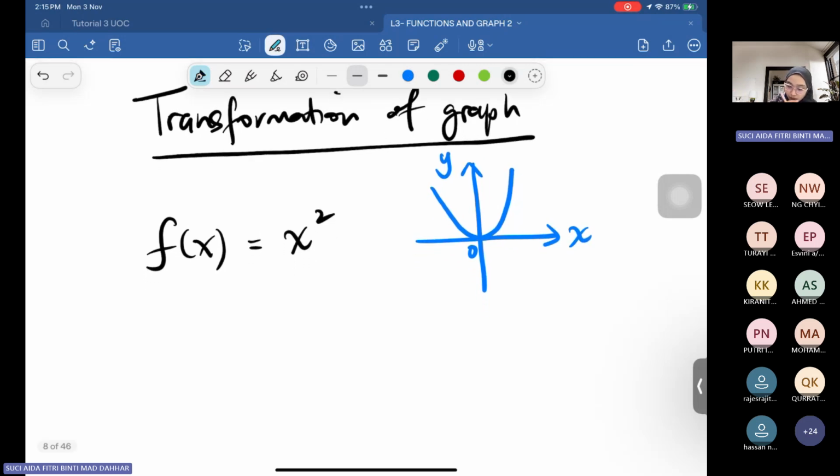I can multiply my f(x) by a negative outside. I can multiply by a constant a. And then inside the function, I could multiply x by another negative, negative of x, plus b.